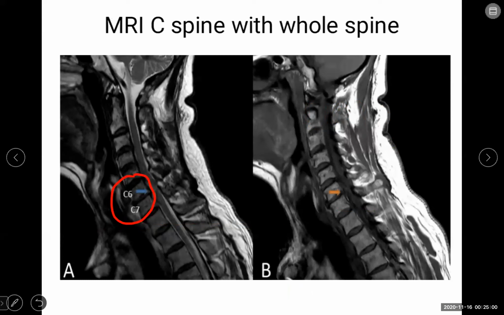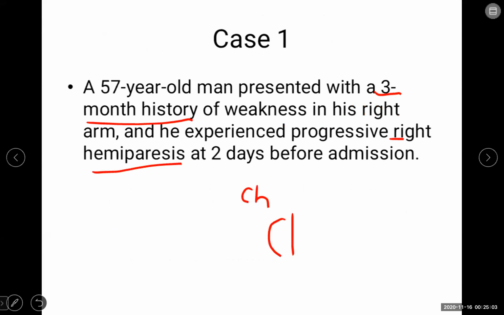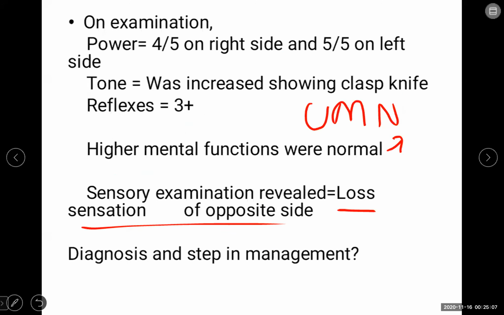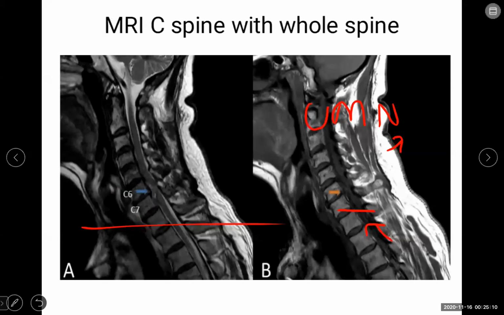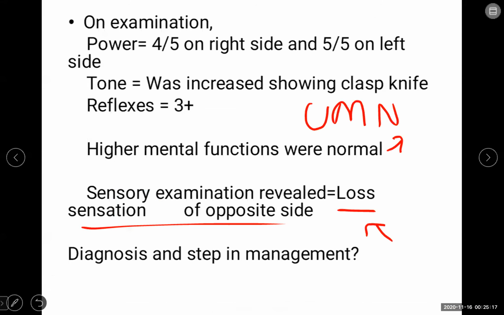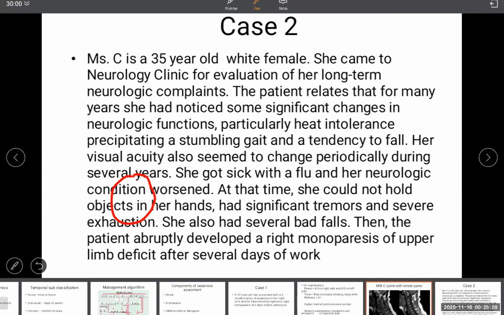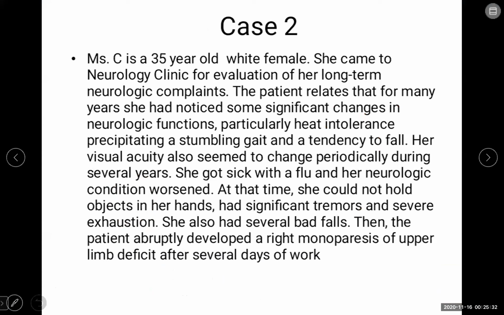Your voice is not audible, Ram. Preetham, your voice is not audible, Ram.